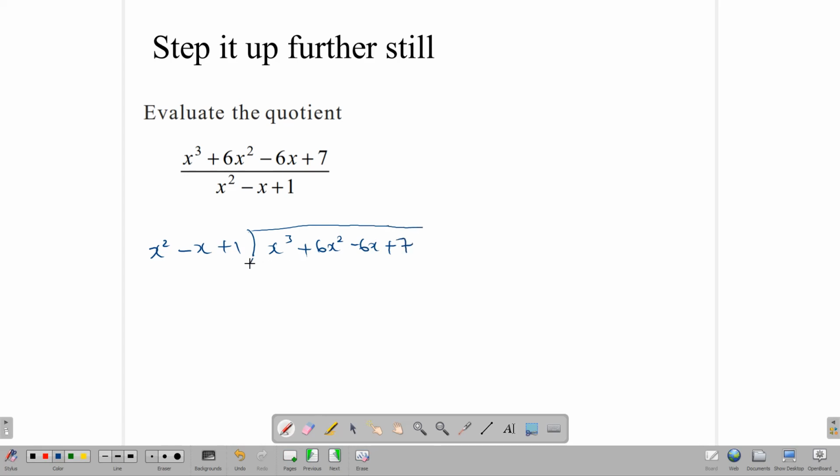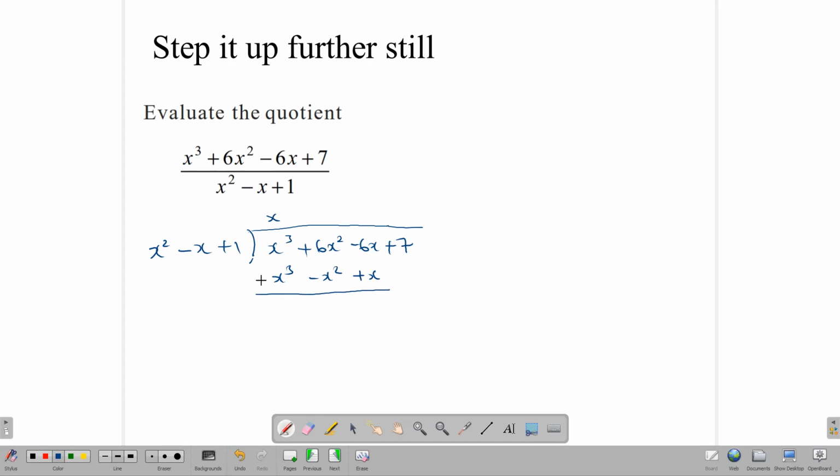And the process is pretty much the same as we did before. We take the x squared, we divide it into x cubed. And x squared into x cubed, of course, gives you x. And x times x squared gives us our x cubed. Negative x times x gives us a minus x squared. And 1 times x gives us a plus 1x, or just x.